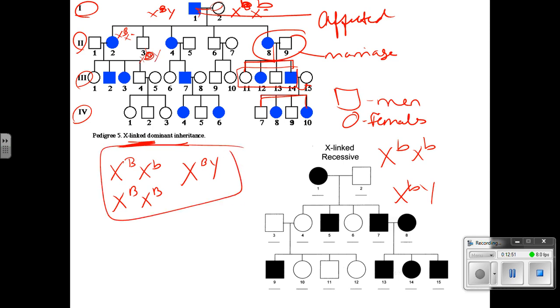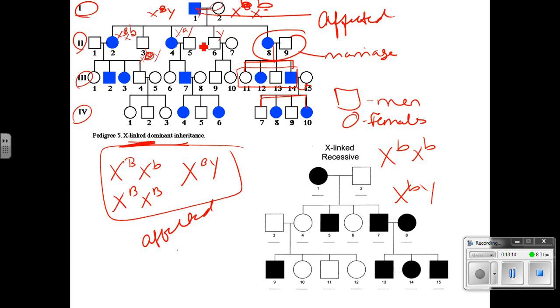So these would indicate affected, having to do with their genotype. Unaffected would be little b. So mom had to pass on a little b here, and same here. And you could go on and assign genotypes to these individuals.